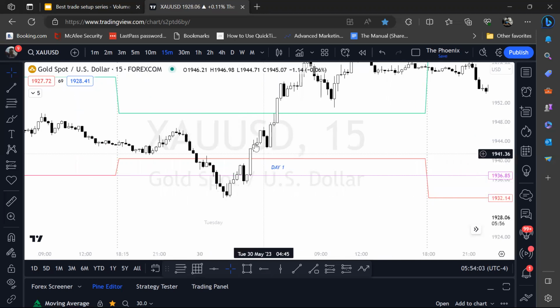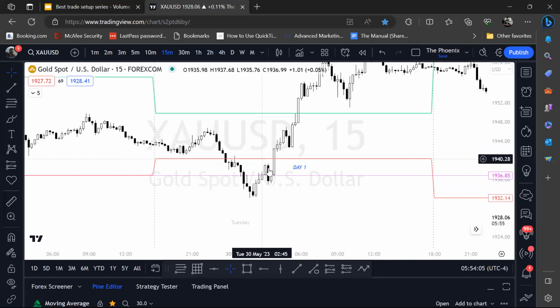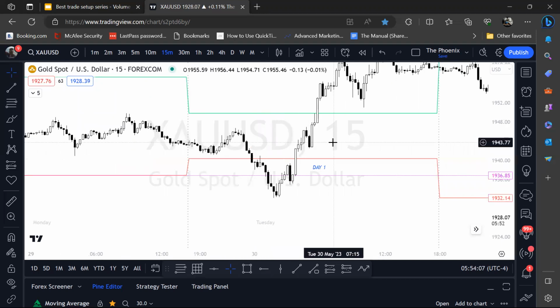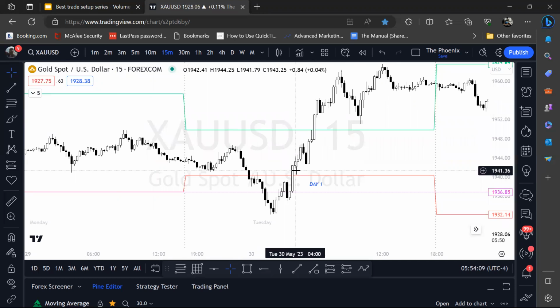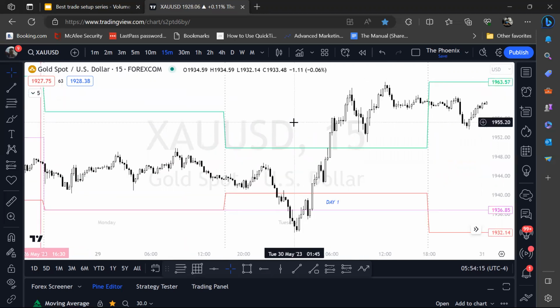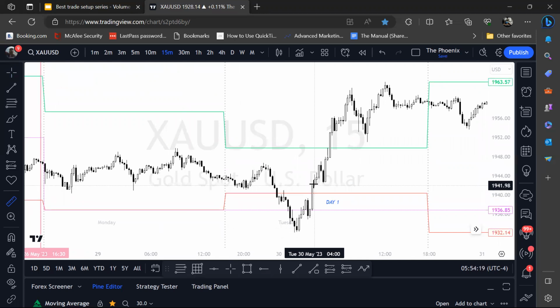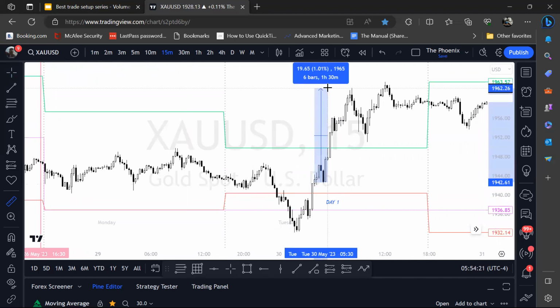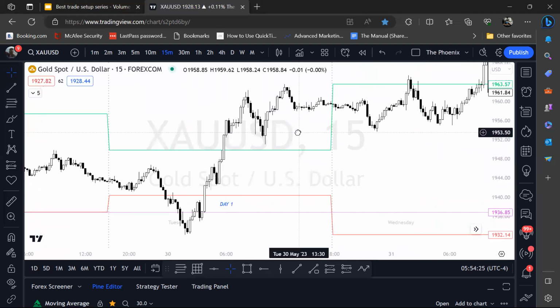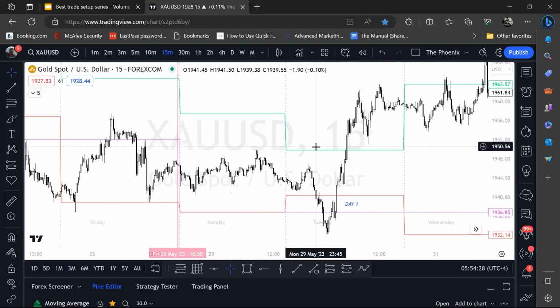With this, you can now look to take a trade to go long, as this is the confirmation that price is going to go long. So beautiful trade. Let's see what we would have gained from this. 210 pips approximately.